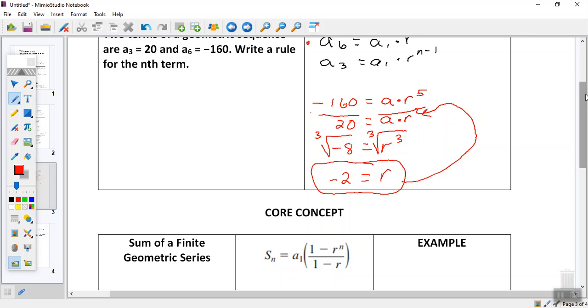This 20 could equal A times, okay, what's going in for r here, kids? -2 to what power here? What power was up here in this line? Okay, well, what is -2 squared, kids? 4. Okay, so 20 is equal to 4 times A, really A1.